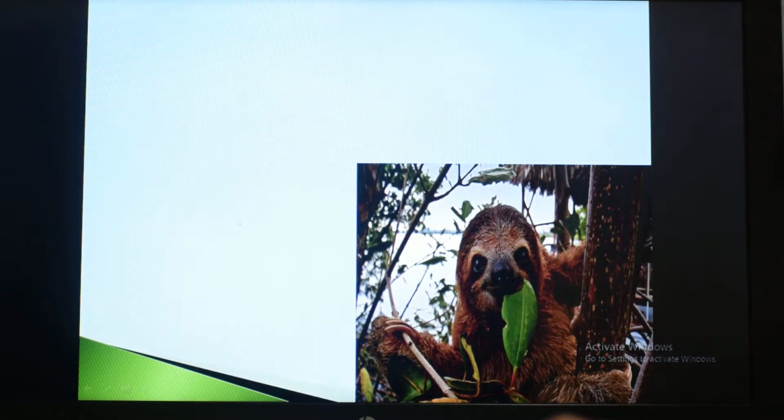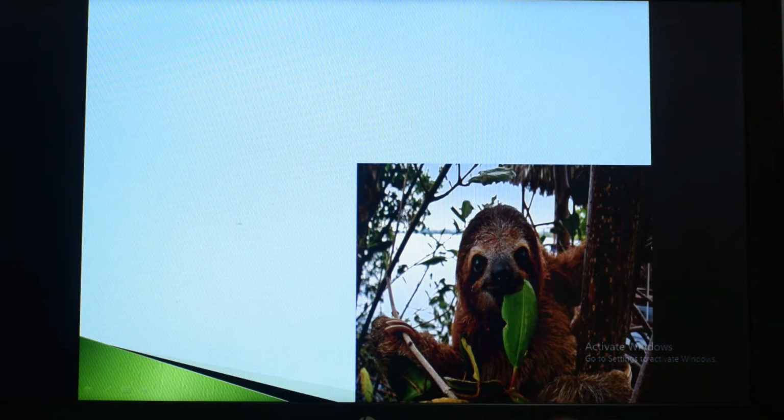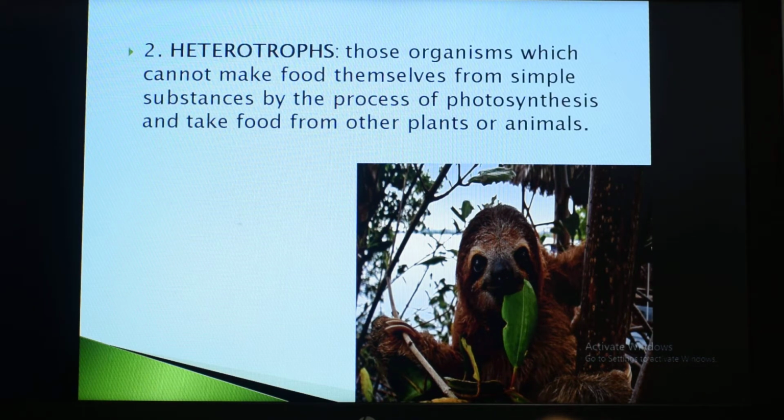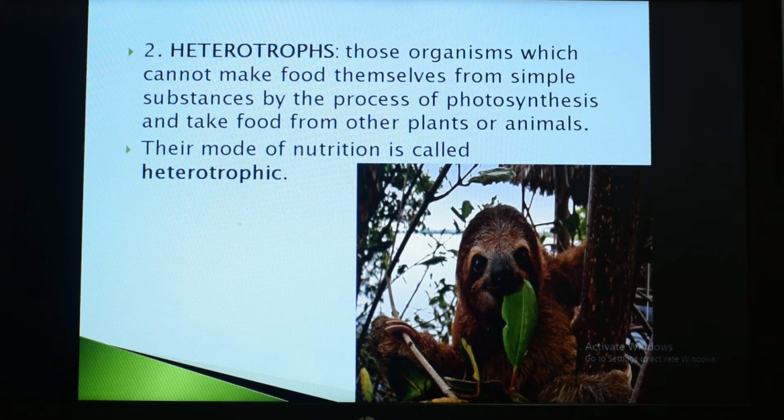Moving on to the second mode of nutrition, that is heterotrophic mode of nutrition, or the heterotrophs. Heterotrophs are those organisms which cannot make their own food from simple substances by the process of photosynthesis, and thus they take food from other plants or animals.